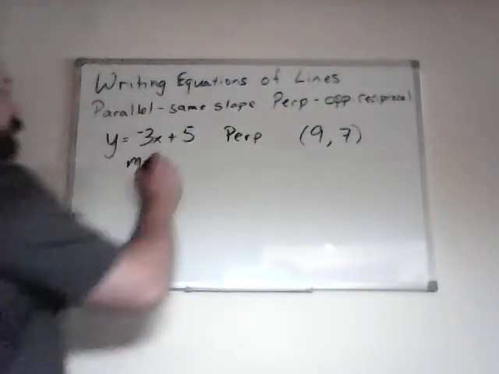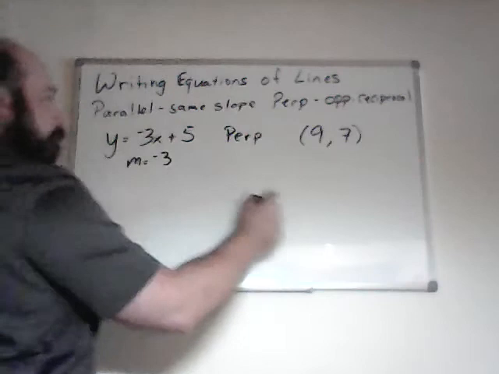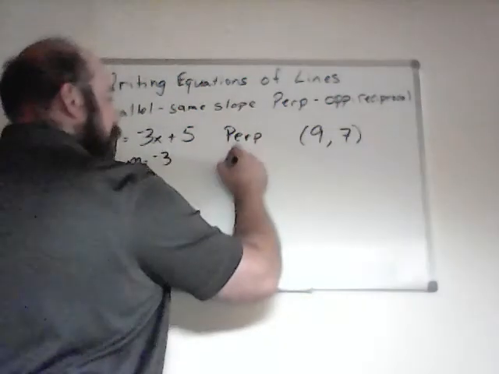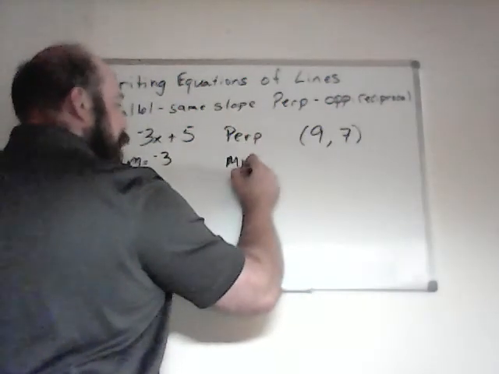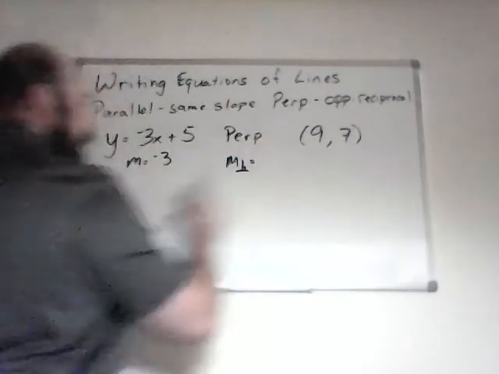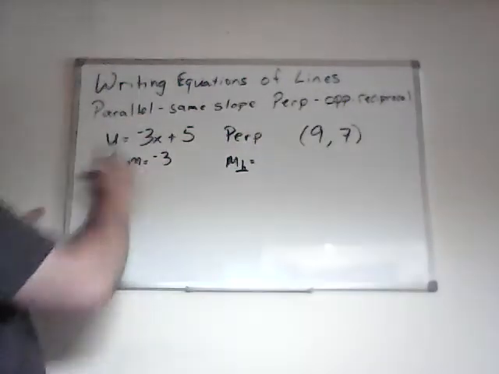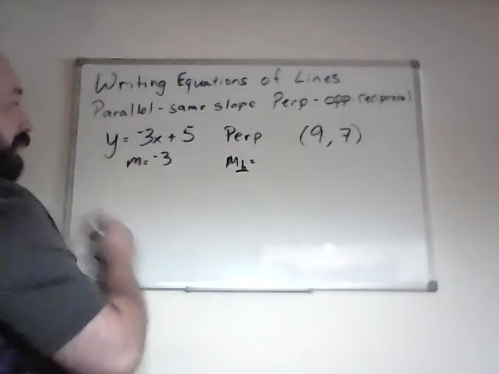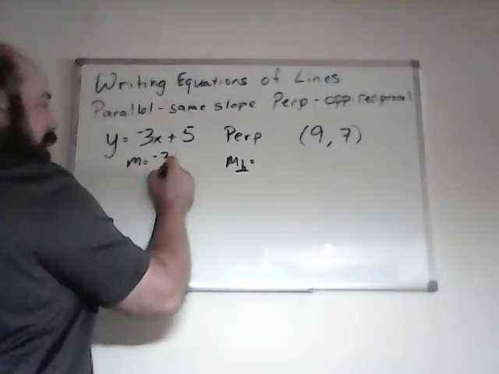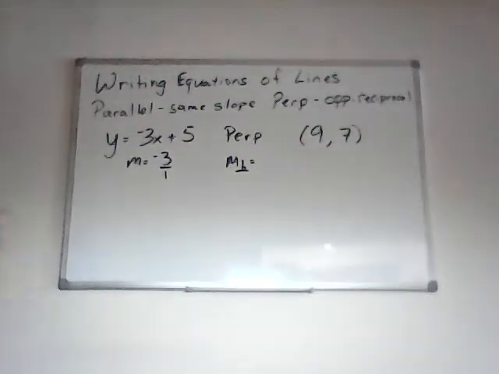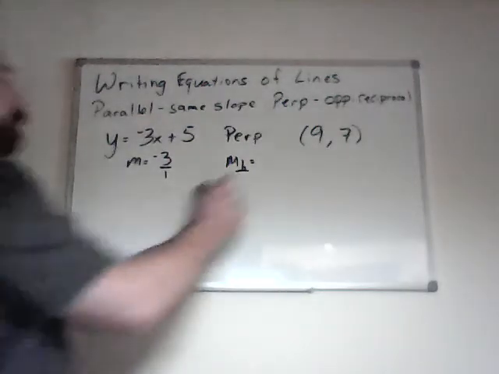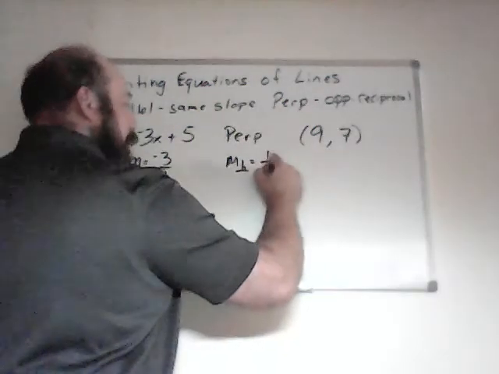Well, the slope of the original line is -3. So if I'm going to go perpendicular, the slope of the perpendicular line has to be the opposite, so it's going to be positive, and it has to be reciprocated. Well, this is -3 over 1, so when I reciprocate that, it becomes 1/3.